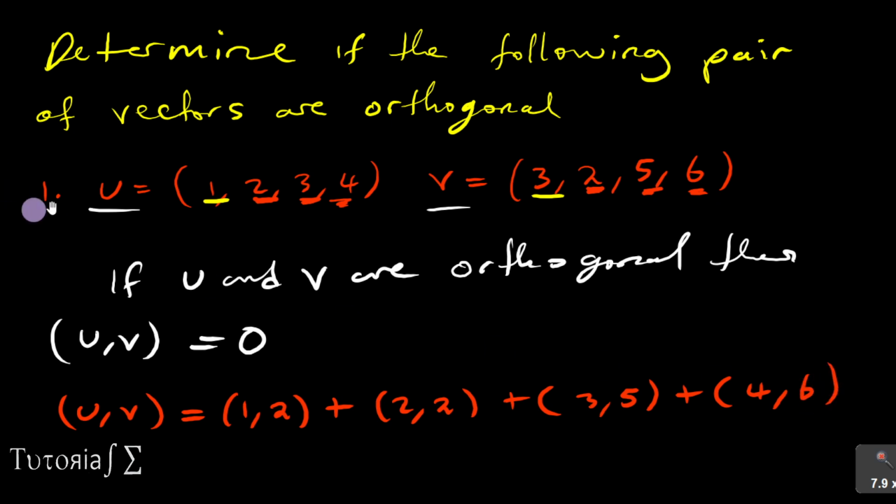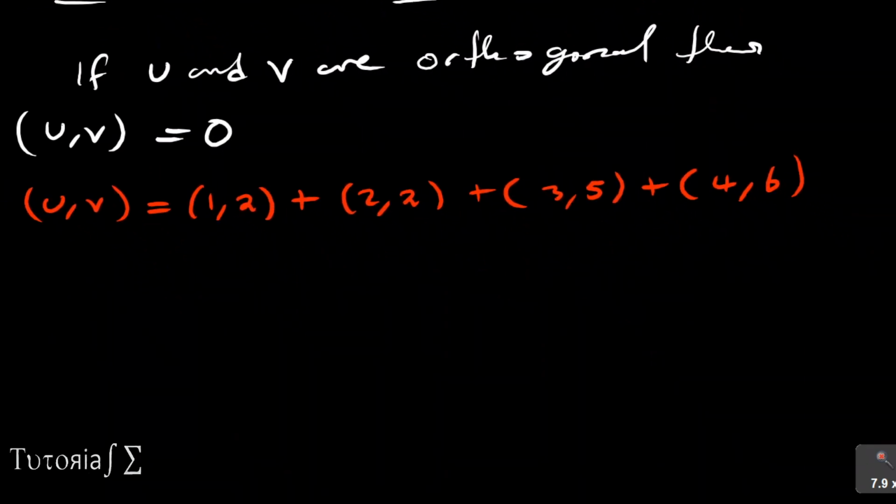I'm presuming you remember how to evaluate the dot product. That will give us 2, plus this, that will give us 4, plus this times this, that will give us 15, and this times that will give us 24.